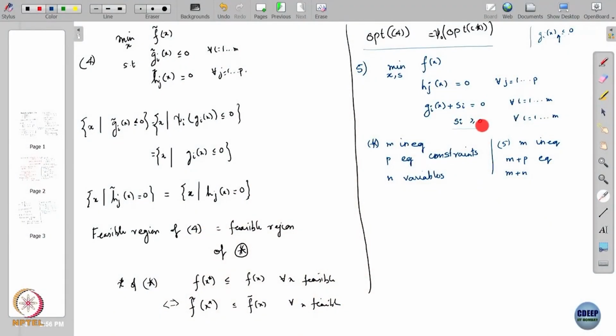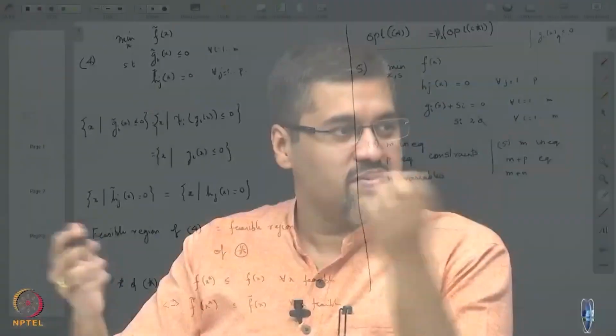So s_i greater than or equal to 0 is the inequality constraint. The question is, what are the inequality constraints in problem 5? These are the inequality constraints. The variable s_i itself is being asked to be greater than or equal to 0. It should be treated as an independent variable.